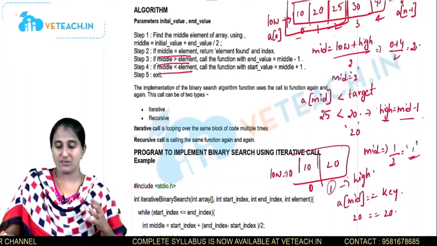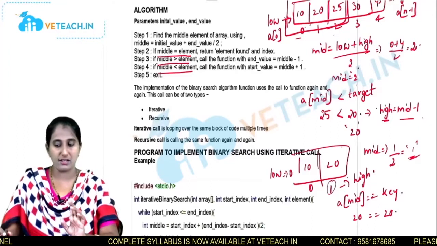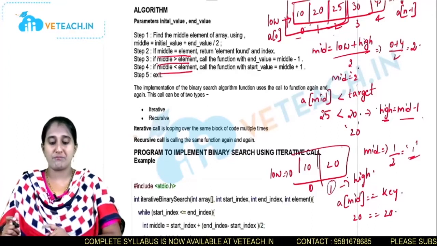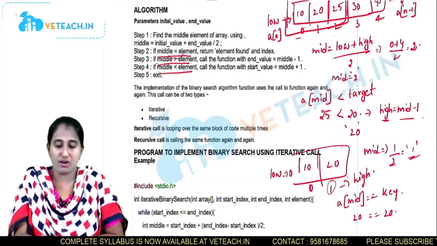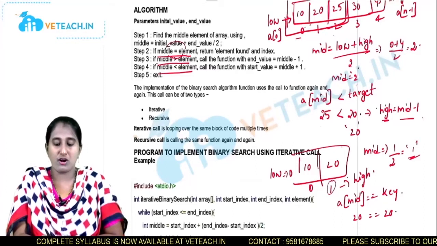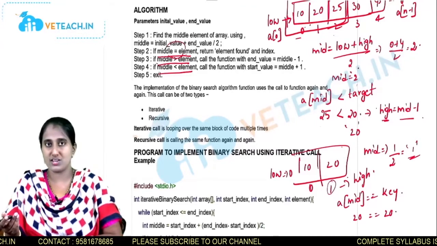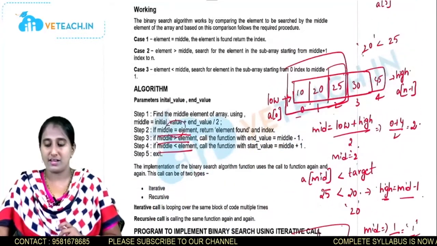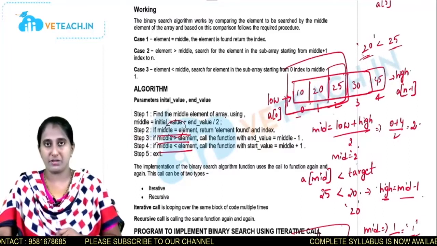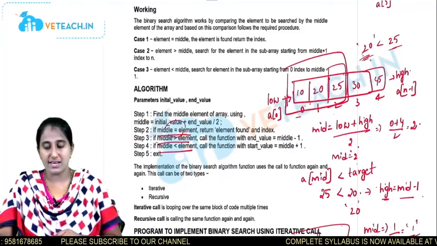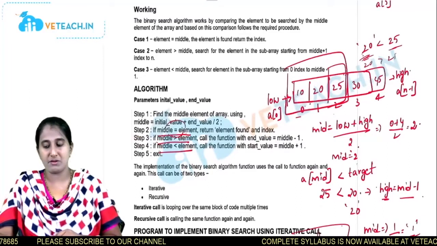Whenever you calculate the mid value, you should first compare whether they are equal or not. If they are not equal, then you go for the next condition. What is the next condition? Whether the target element is less than the mid element, or whether the target element is greater than the mid element.